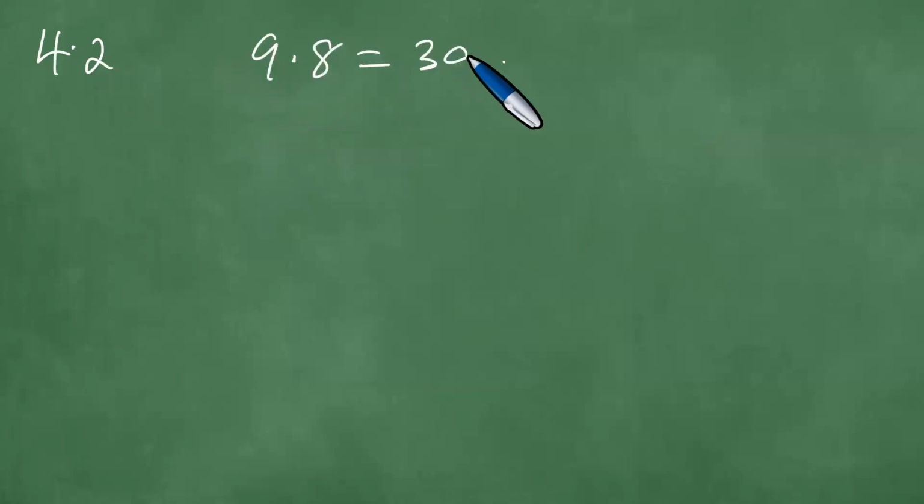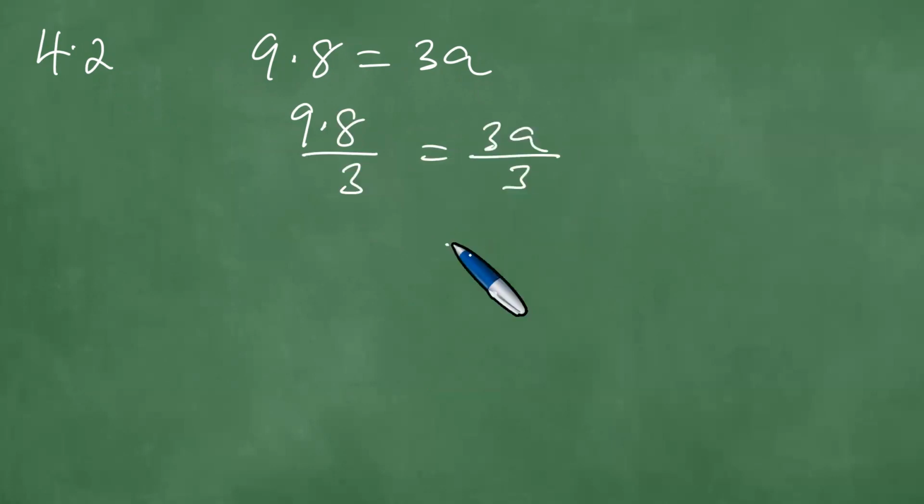9.8 equals 3a, which means that 9.8 you divide by 3, and 3a you divide by 3.